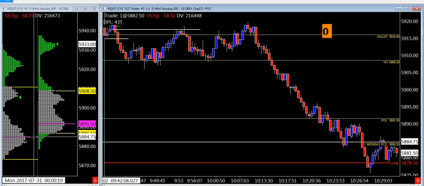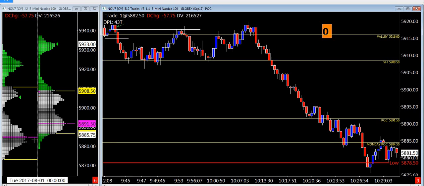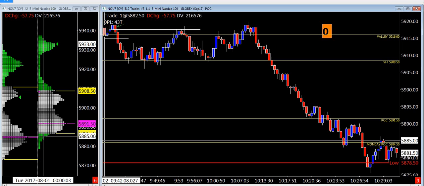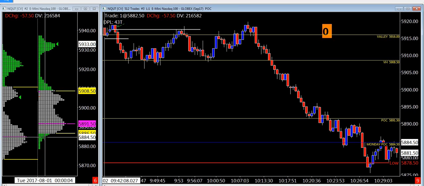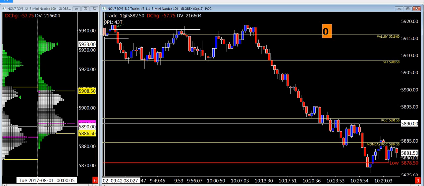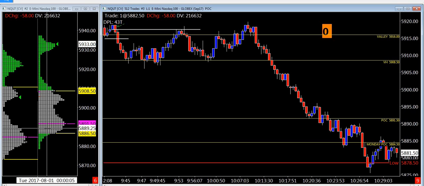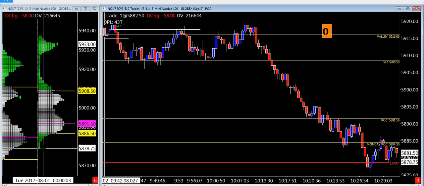I'd rather use the point of control, which is more important than the valley low or valley high, only when they're in conjunction with one another. So you could have taken the point of control right over here on Monday, and you could have ridden that up for that 20 some odd ticks, and then we hit the extreme.